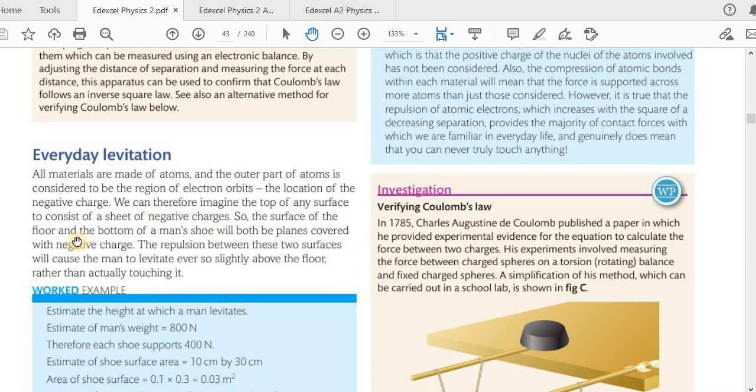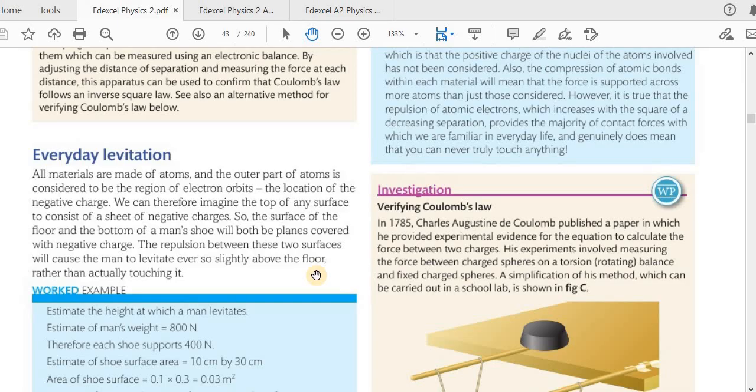So the surface of the floor and the bottom of a man's shoe will both be planes covered with negative charge. The repulsion between these two surfaces will cause the man to levitate ever so slightly above the floor, because you have the atoms on the floor, and around the atom, the outer layers or shells of the atom have electrons, negative charges.